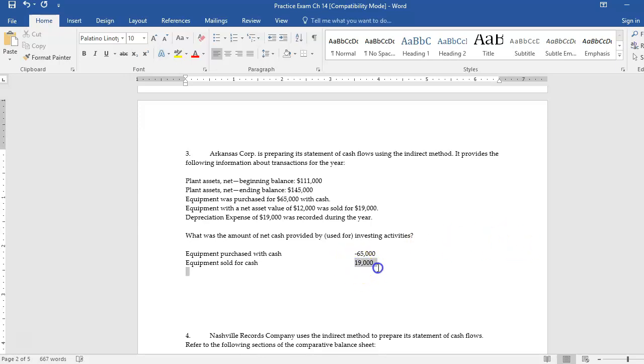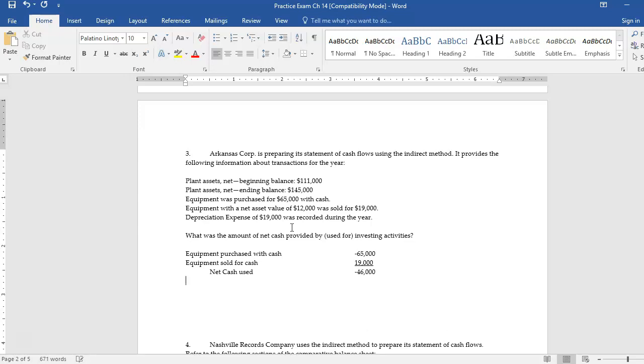So just add those 2 numbers together. So 19 minus 65. My net cash used was $46,000. And that's it for that one.